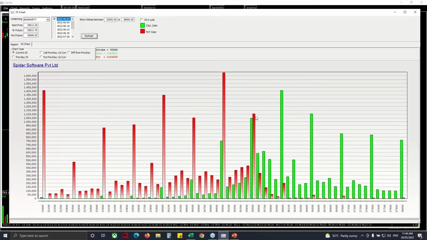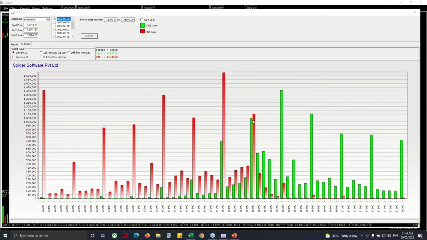Again, as of now, as per the open interest chart, we can expect that this up move might sustain, subject to 35,500 writers getting stronger.